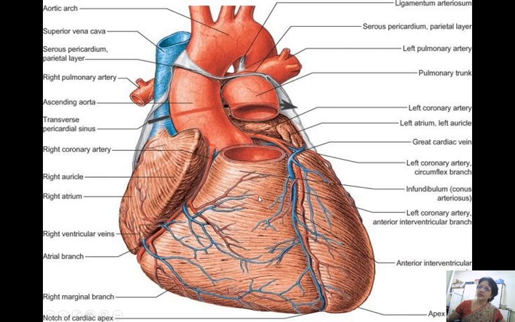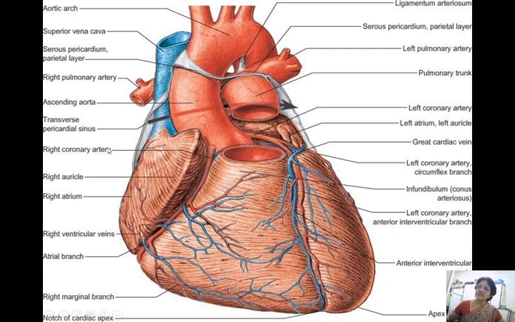So this you're already familiar with: we have the heart, and what we're looking at is the sternocostal surface. Basically, there is the right auricle and left auricle, which are appendage-like. Between these and the ventricles are grooves in which the arteries supplying the heart are embedded, called the coronary grooves.